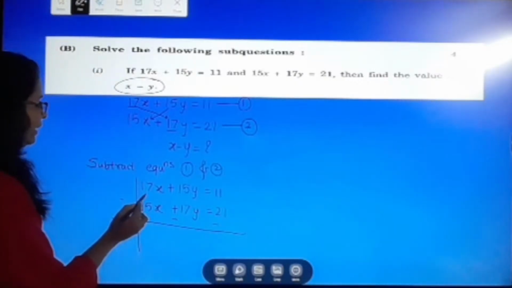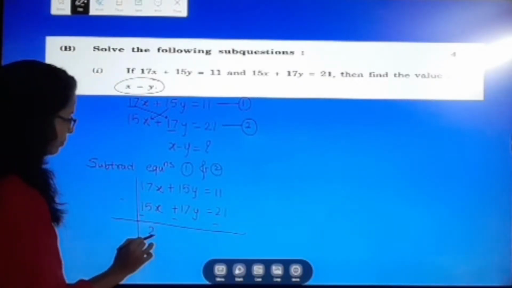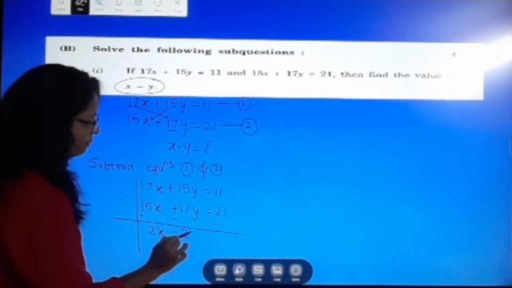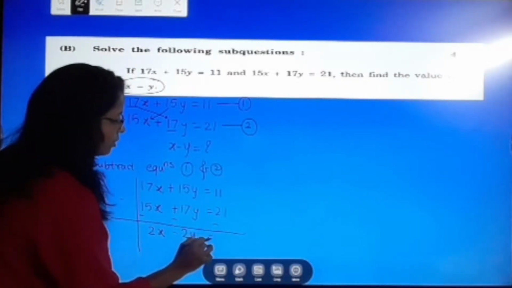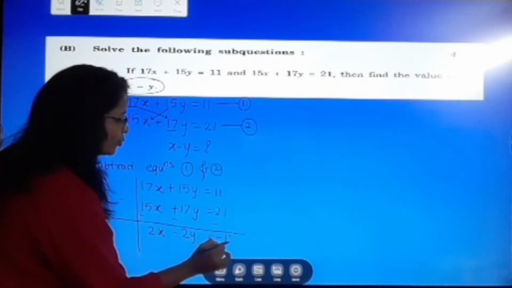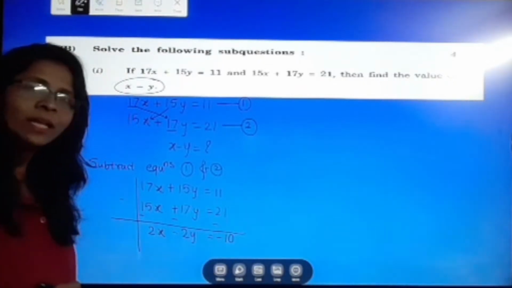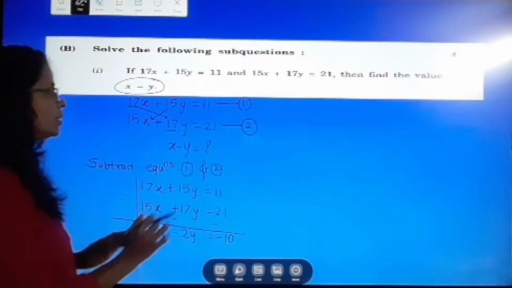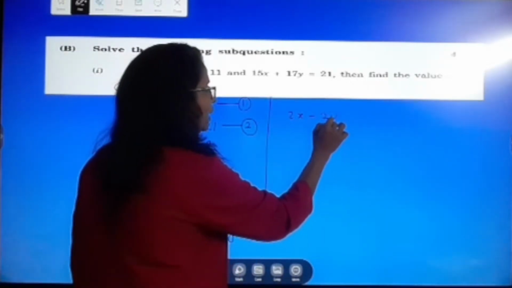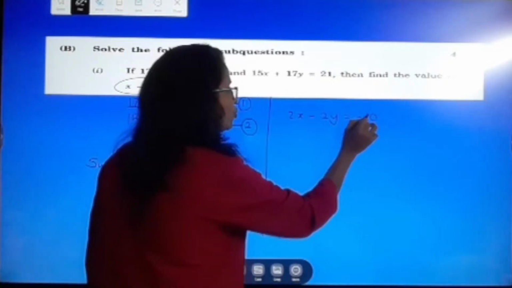Okay, then 17x minus 15x, that means 2x. 15y minus 17y, that means minus 2y, and which is equal to 11 minus 21, that means here minus 10. So now here students we have 2x minus 2y is equal to minus 10.